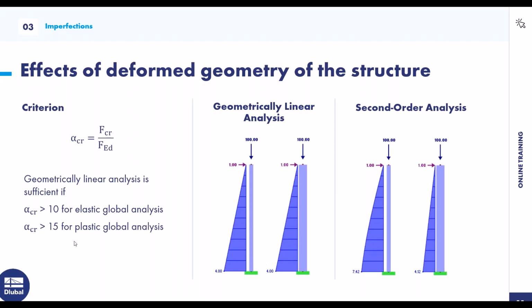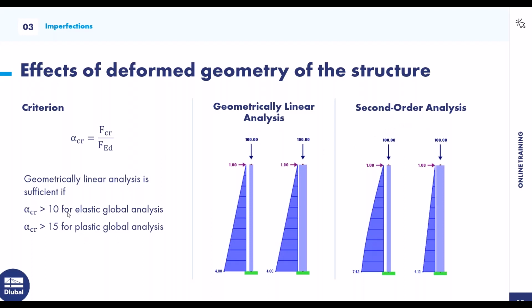So, for steel construction, there's a value that defines when a structure should be calculated geometrical linear or according to the second order analysis. If the critical load factor alpha crit is less than 10, the system must be calculated according to the second order analysis.